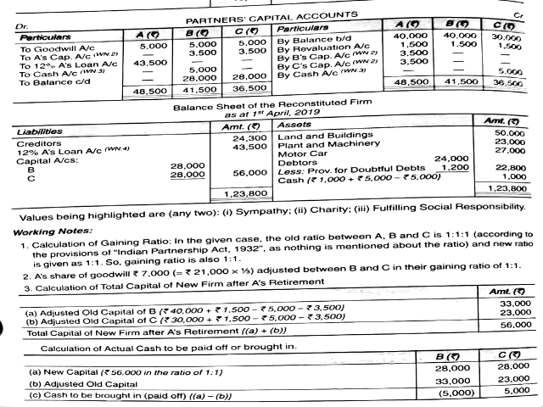Now see the case of C. C's existing adjusted capital is 23,000 and his capital should be 28,000 as per the new capital. So there is a shortage of 5,000, so C is bringing in cash of 5,000 and it will appear on the credit side.